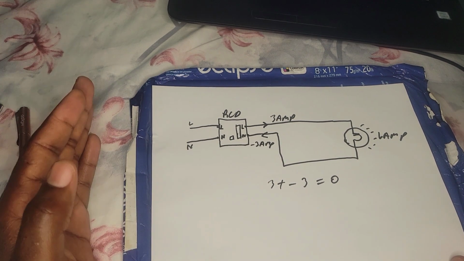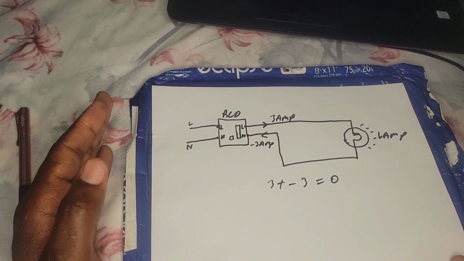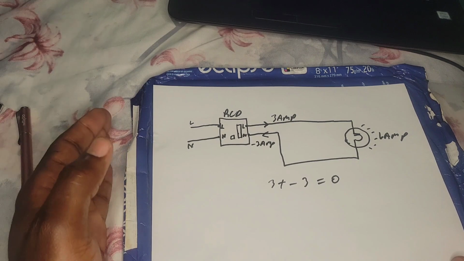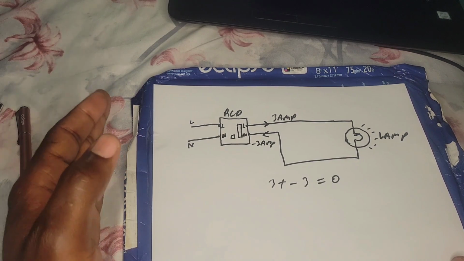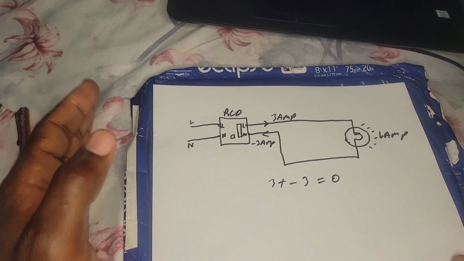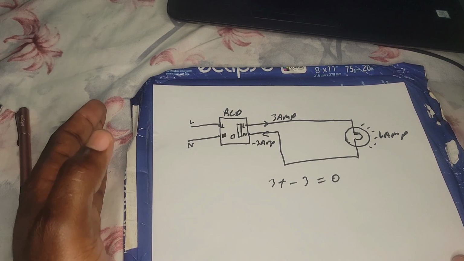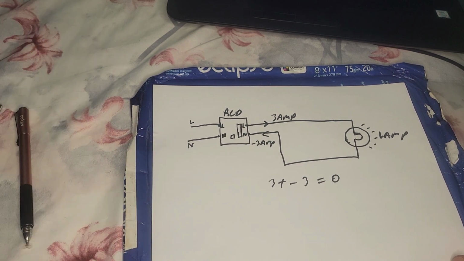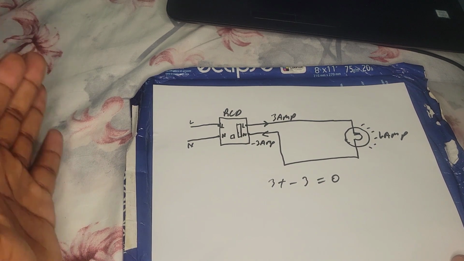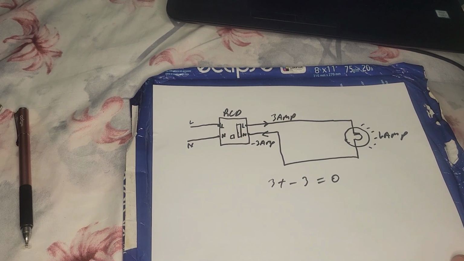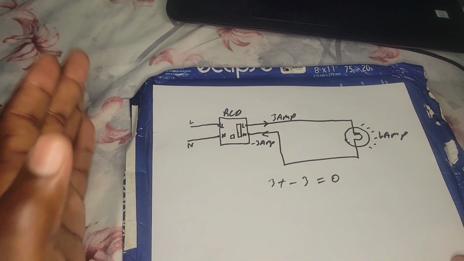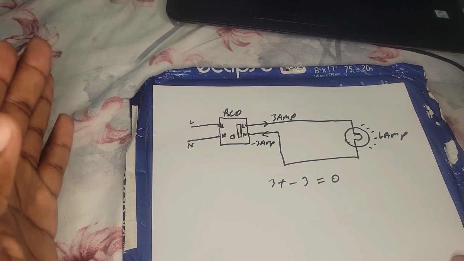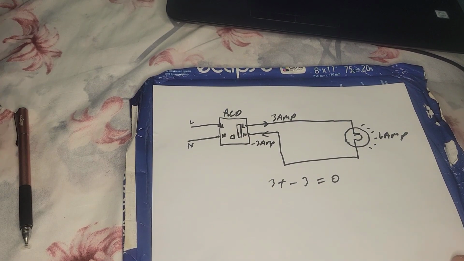That is the principle the RCD works on, because under normal condition, whatever leaves the RCD in the live line should return to the RCD in the neutral line. That's standard. That is how a circuit should be.